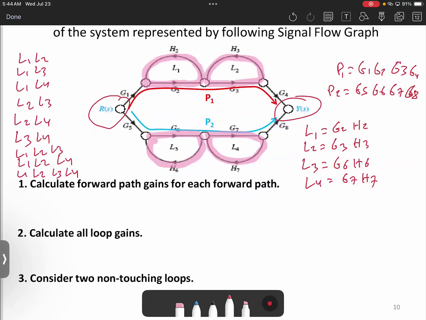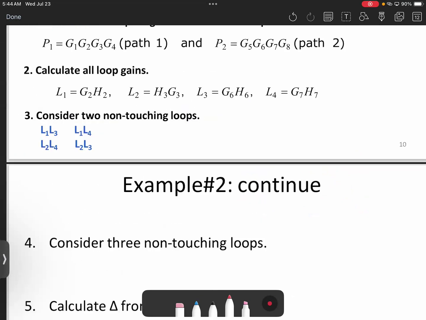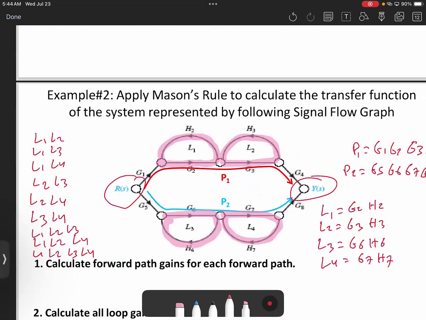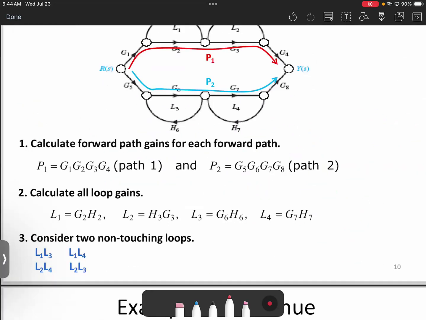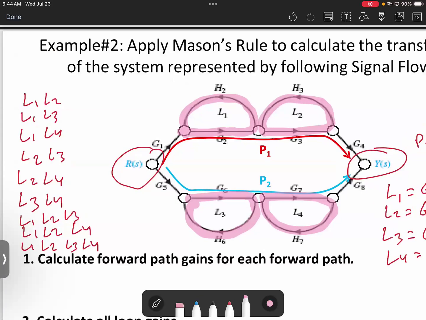Now let's think about this. L1, L2, are those touching? They are common in this node, so they are considered touching. L1, L3, they are far away from each other, right? So they are non-touching. L1, L4, non-touching.